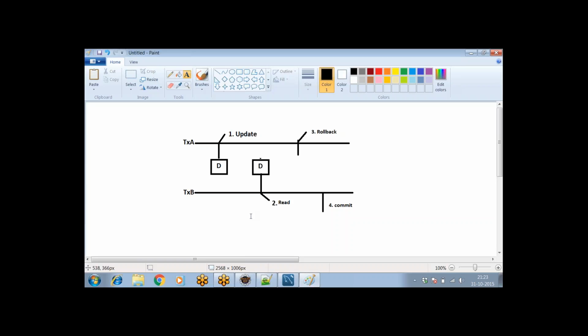You got an isolation level called read committed. So you need to set the isolation level to read committed here.